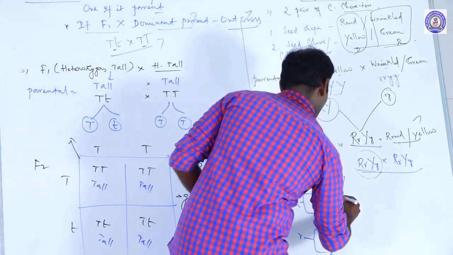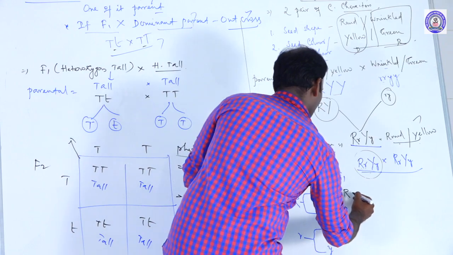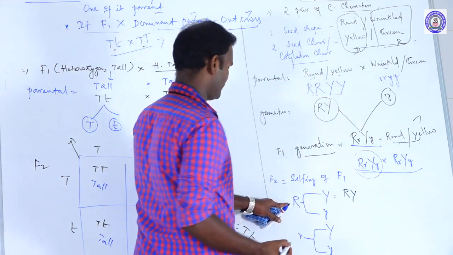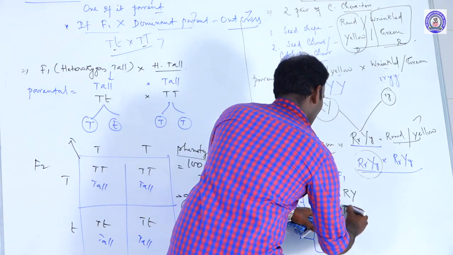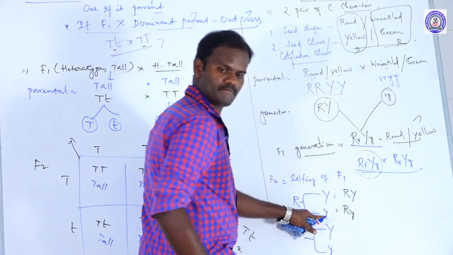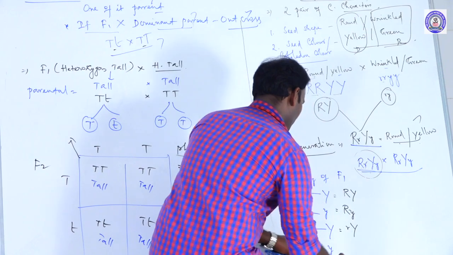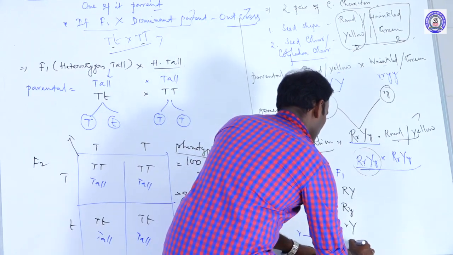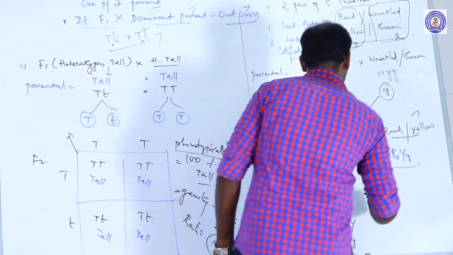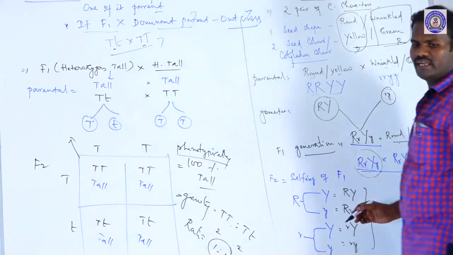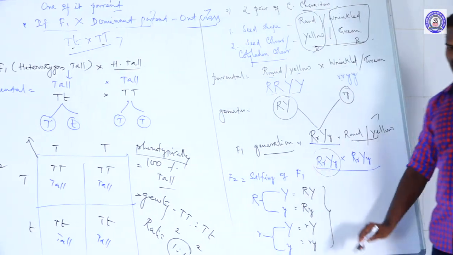So here capital R capital Y, capital R small y, small r capital Y, small r small y. So there are four different types of gametes formed.